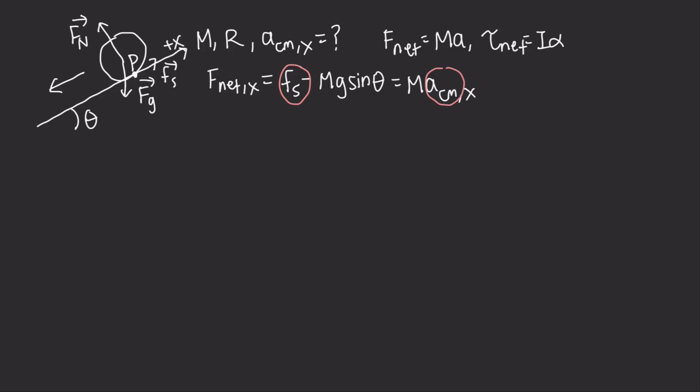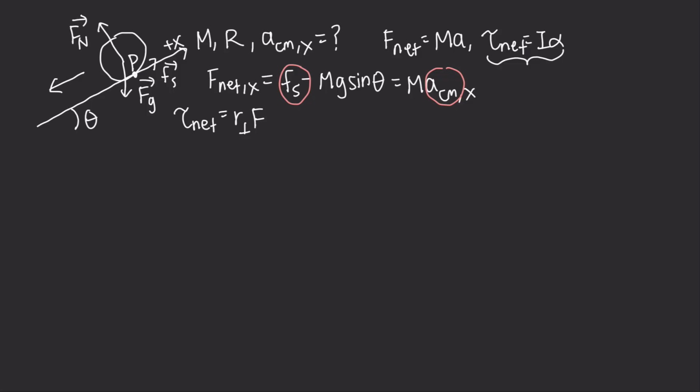And now we can apply Newton's second law in its angular form to the ball's rotation about its center of mass. So we're going to use the equation that we have over here. And we know that T net is also equal to the perpendicular radial component times the net force in that direction.